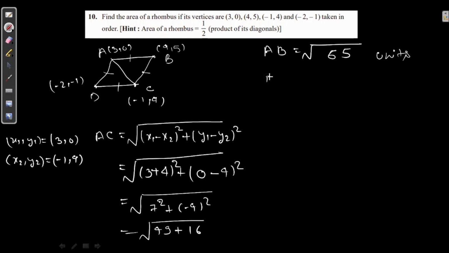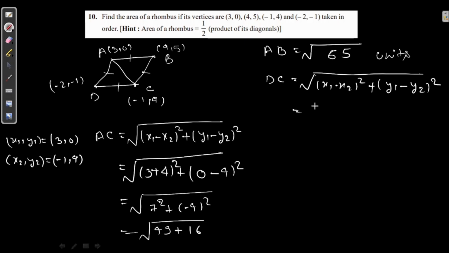Similarly, I am going to find DC by the same formula. The formula will be x1 minus x2 whole square plus y1 minus y2 whole square. Okay. Now what thing am I going to consider? Now I will take D and C as x1 y1 and x2 y2.